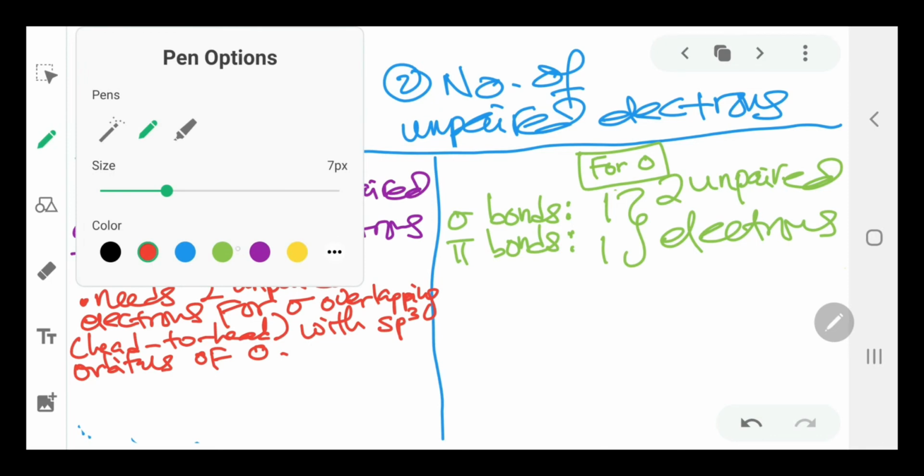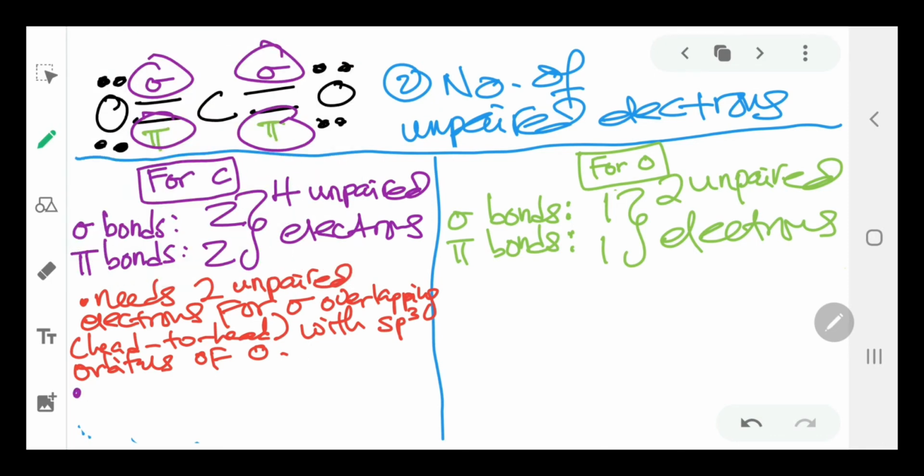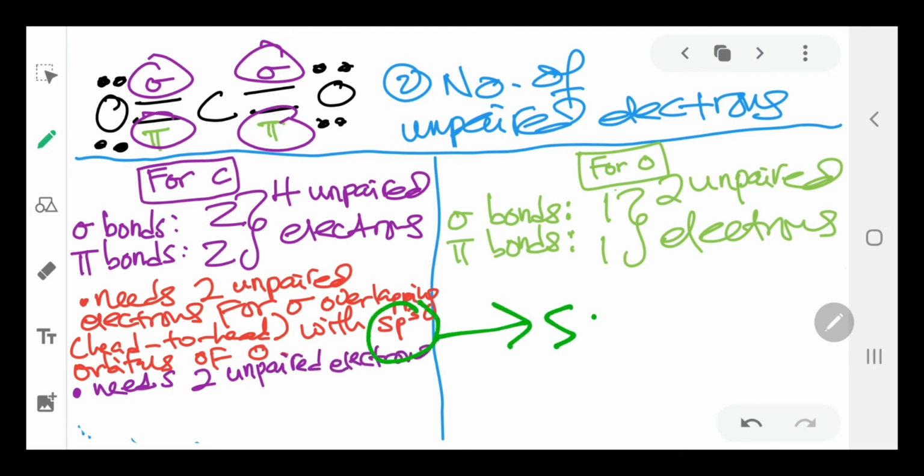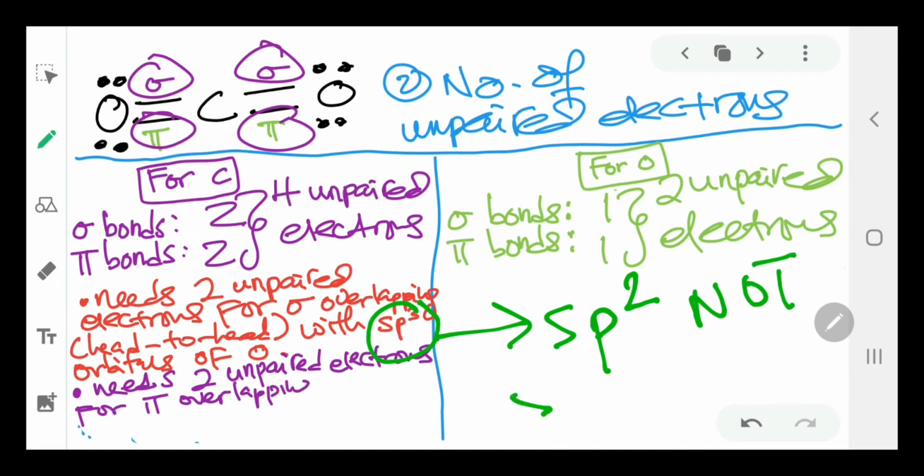And then it needs 2 unpaired electrons for pi overlapping (in bracket, sideway) with sp orbital of carbon.